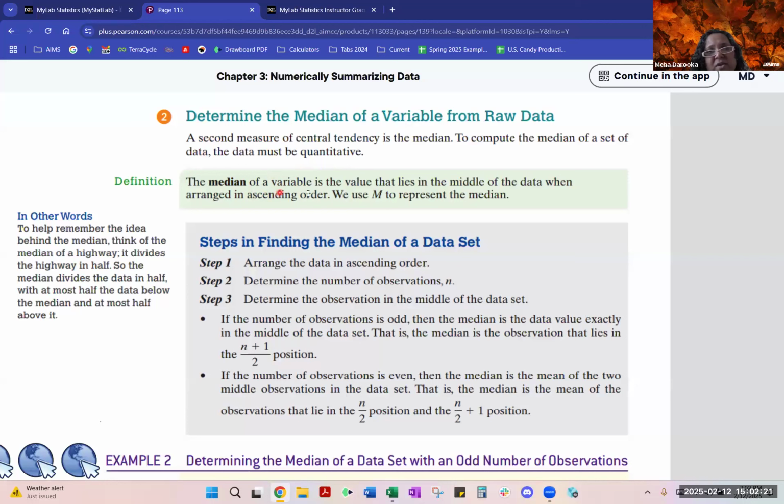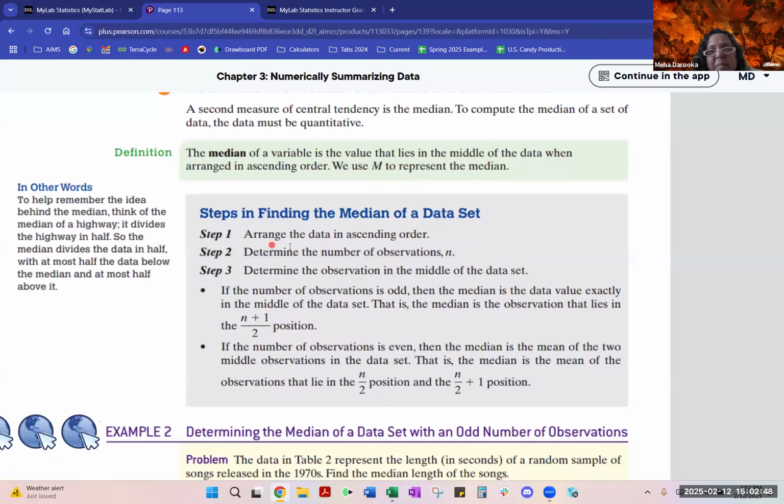The median of a variable is the value that lies in the middle of the data when arranged in ascending order, which means you go from the smallest to the largest data value. We are using the capital letter M to represent the median. Remember, for the mean, we used x with a bar on top of it. For median, we're using the capital letter M.